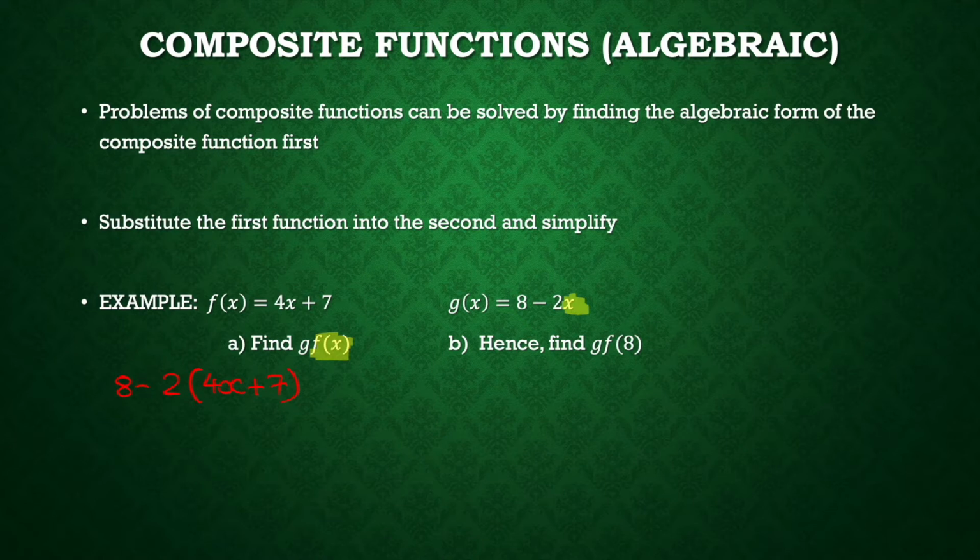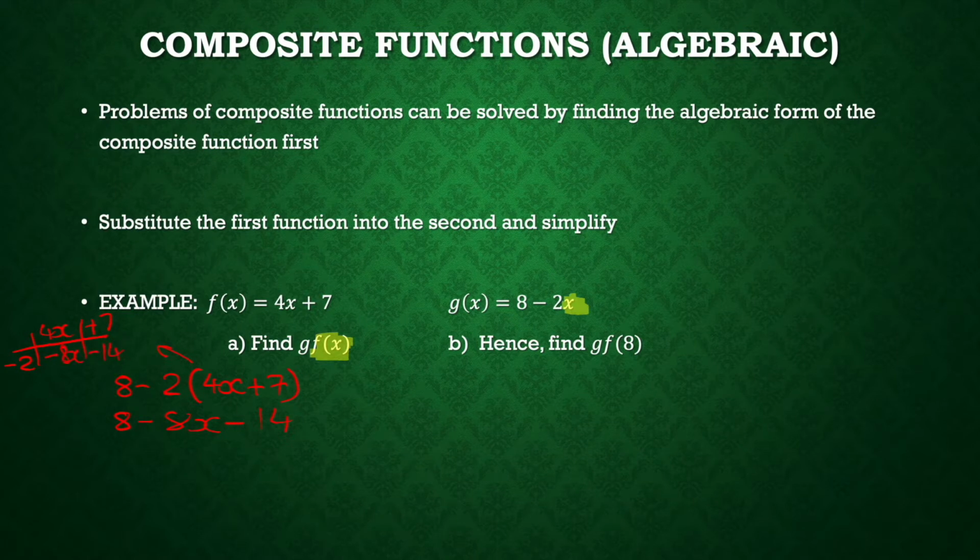We're going to expand it out and we're going to simplify it. So we end up with 8 minus 8x and a minus 14. Please guys, if you need to, make sure you take this part and you use a grid and you expand it out fully. So we'll have a minus 2, a 4x and a plus 7, and we expand it out properly to get our minus 8x minus 14.